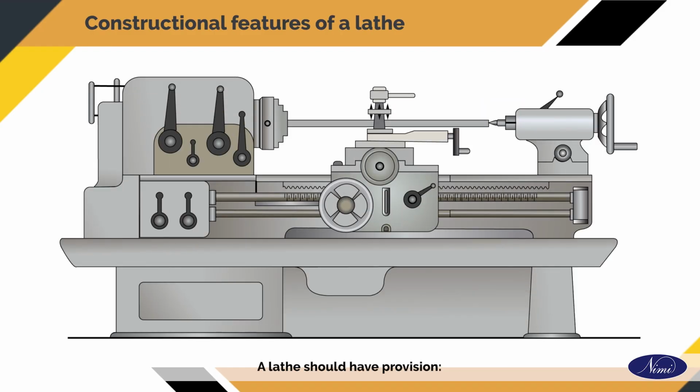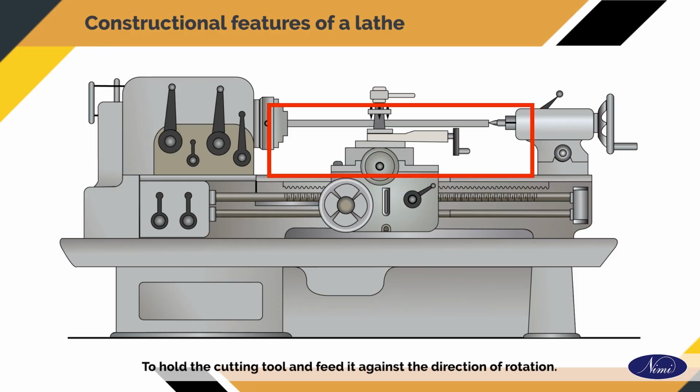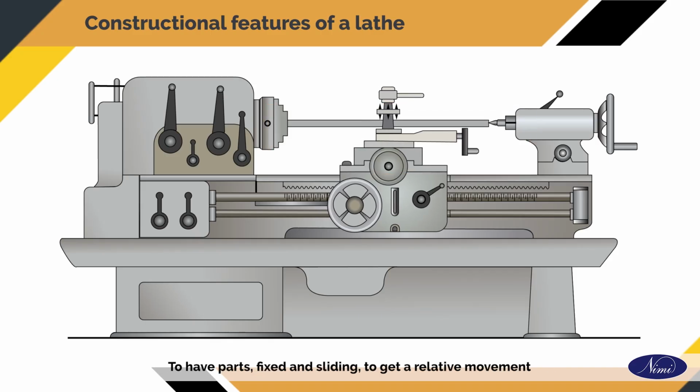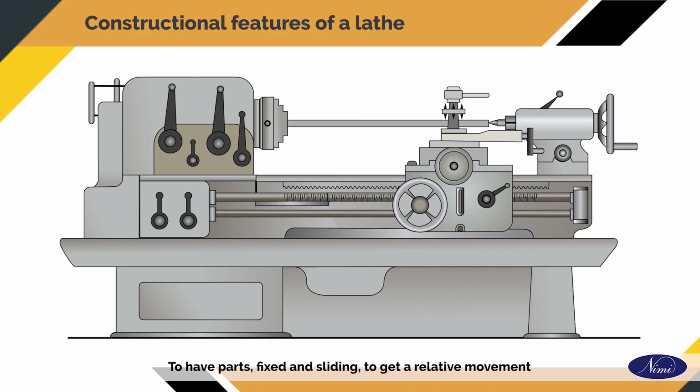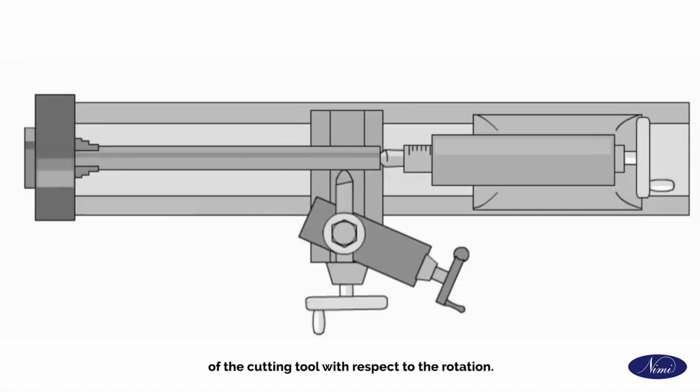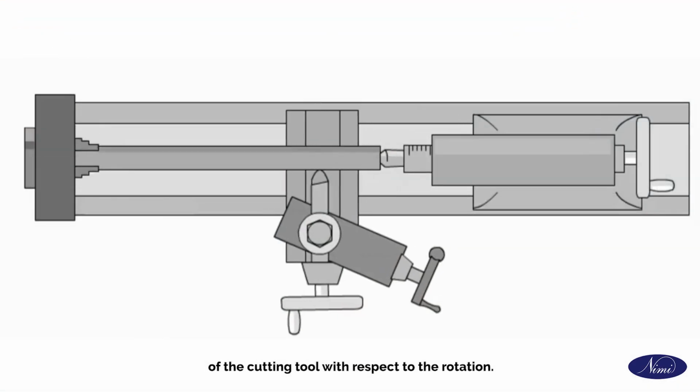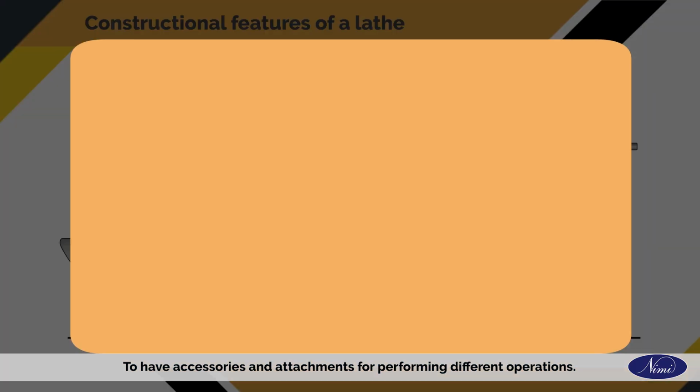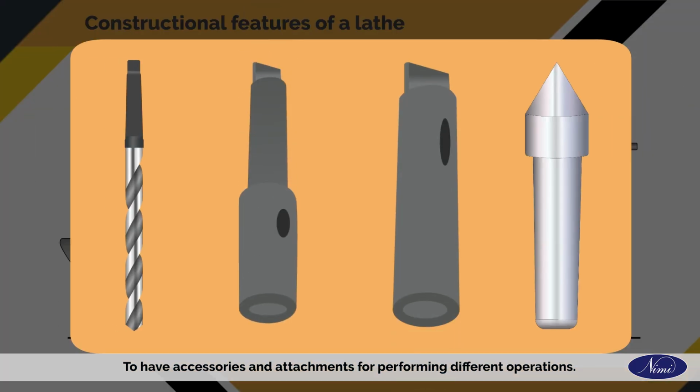A lathe should have provision to hold the cutting tool and feed it against the direction of rotation, to have paths fixed and sliding to get a relative movement of the cutting tool with respect to the rotation of the work, to have accessories and attachments for performing different operations.